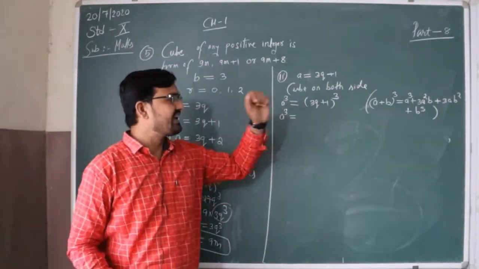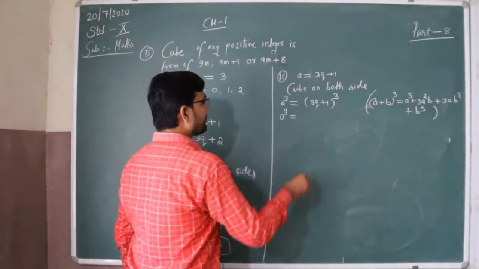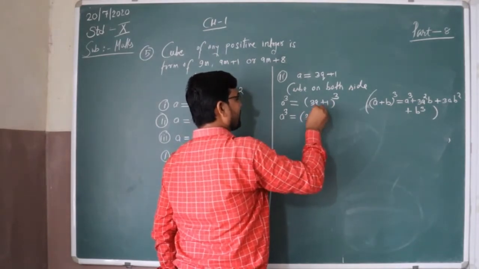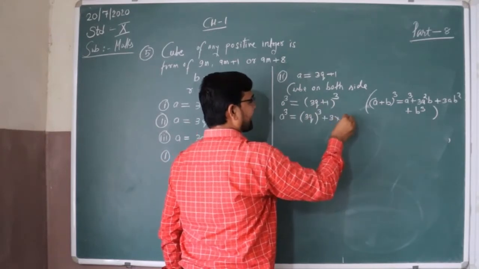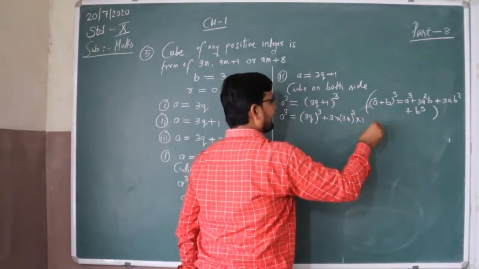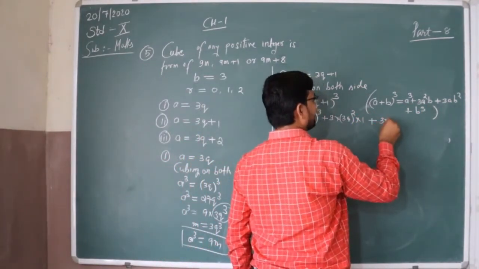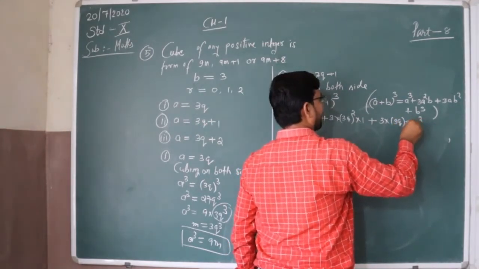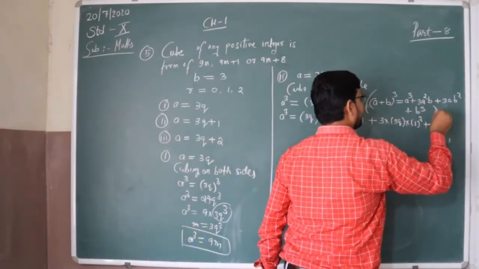In place of a, we put 3q, and in place of b, we put 1. So a cube means 3q whole cube, plus 3 into a square, that is 3q whole square, into b, that is 1, plus 3ab square, so 3 into 3q into 1 square, and plus b cube, b is 1, so 1 cube.